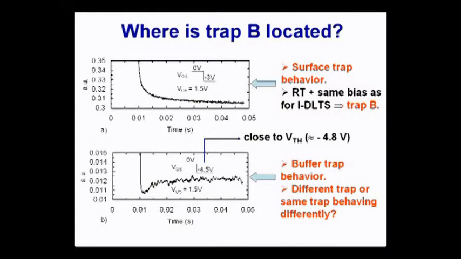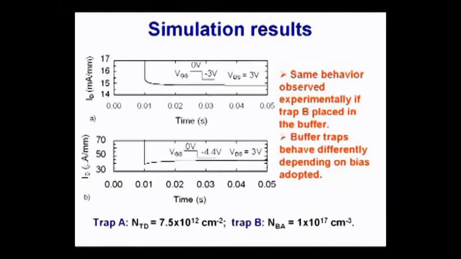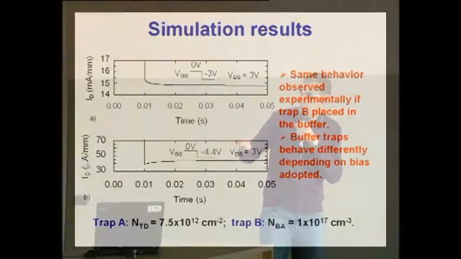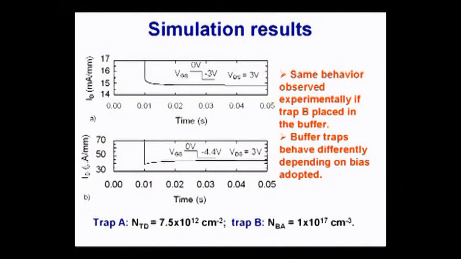So to try to understand this kind of contrasting behavior, we use simulations, and we obtain the same behavior, provided that traps B or C are placed in the buffer. So what's the reason for that? We have obtained two contrasting behaviors for the same trap.